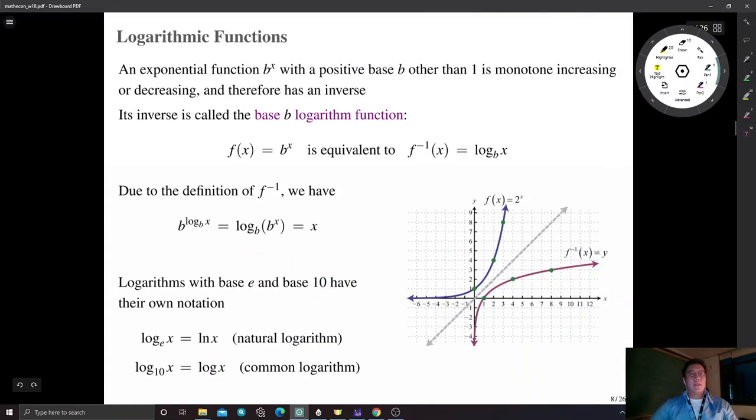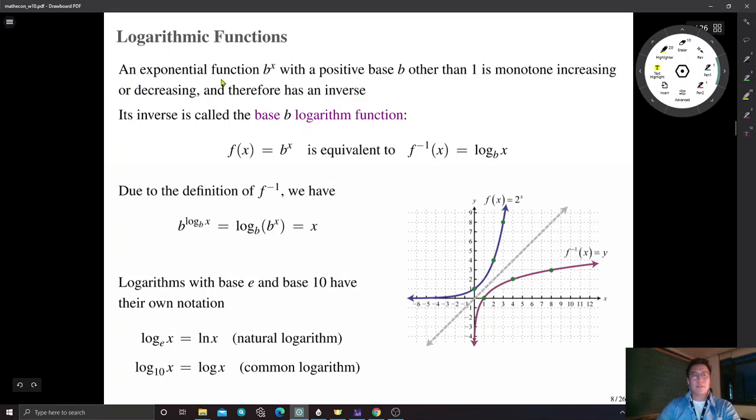Alright, so now let me introduce logarithmic functions. Once again, logarithm is defined as the inverse of exponential function. And remember, b to the power x with a positive base b other than 1. When base is larger than 1, it's monotone increasing, like this one.